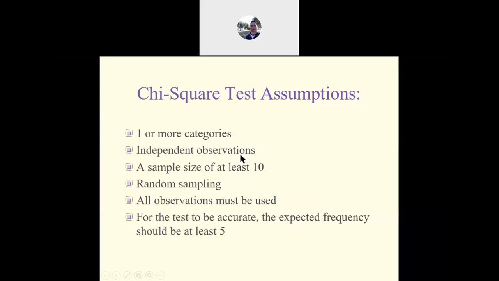It means you don't ask anyone and then ask him again or change his mind, or get somebody to create a bias for a special type. And the sample size must be at least 10, so you have to do at least 10 questionnaires. And it must be random. Don't go to your friends and ask them to fill the questionnaire. All the observations must be used.